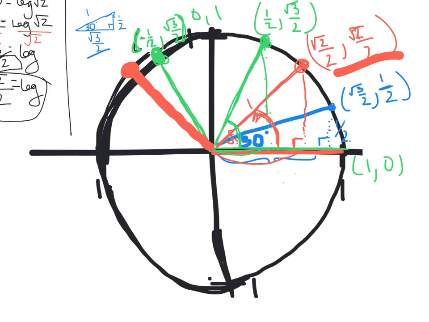So it is going to be a negative square root of 2 over 2 and a positive square root of 2 over 2 for your y.